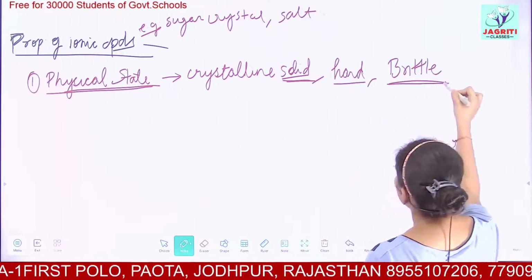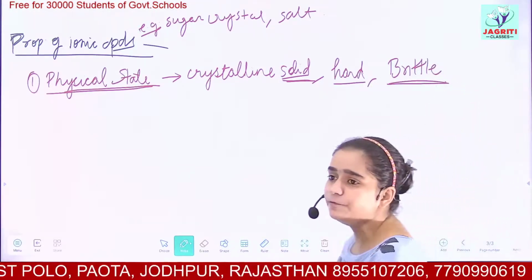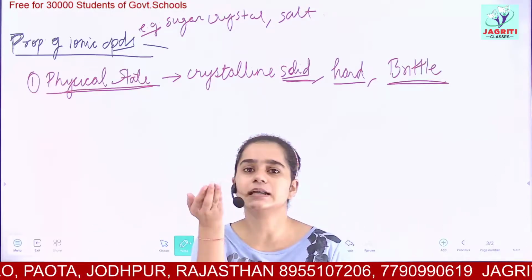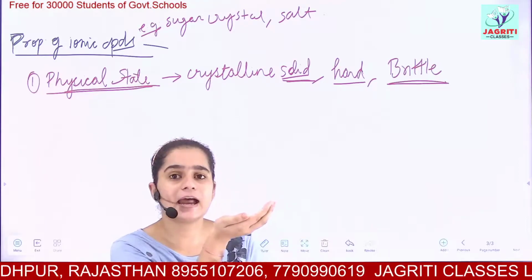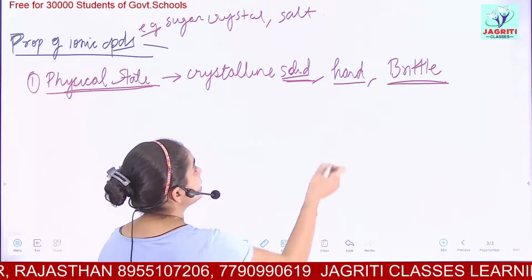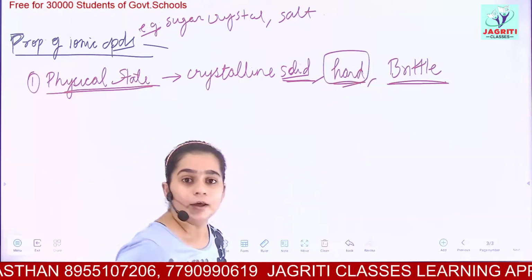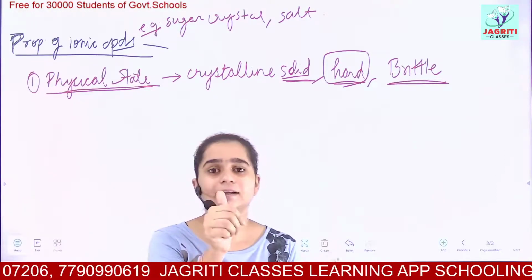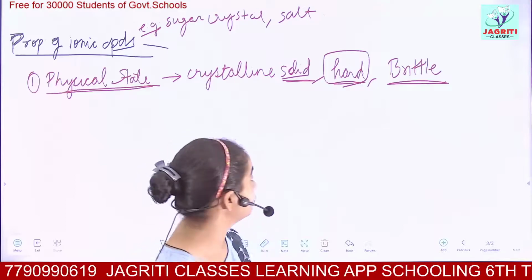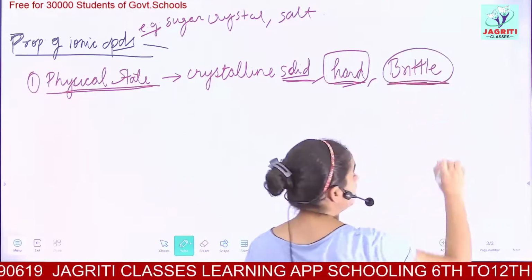These are two contrasting properties. If you take sugar crystals in your hand, they will not break, so they are considered hard. But if you apply some force or pressure on the particles, they would definitely break down. So they are known as brittle.